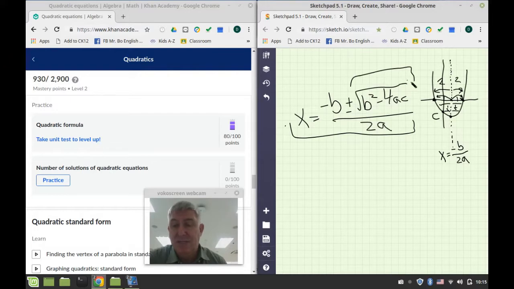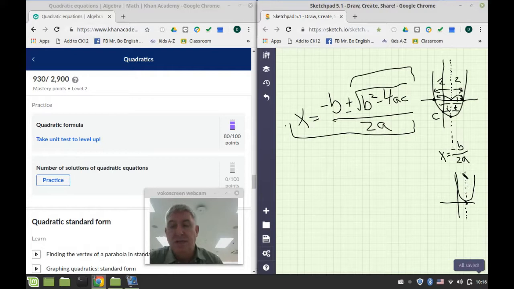But if this, and I'm going to circle it, I'm not going to name it yet, is 0, then we don't have something that looks like that. We have our axis of symmetry, and we have our vertex, plus 0 and minus 0, so those 2 points are really on the same point, and then that becomes our vertex, and it either opens up or down.